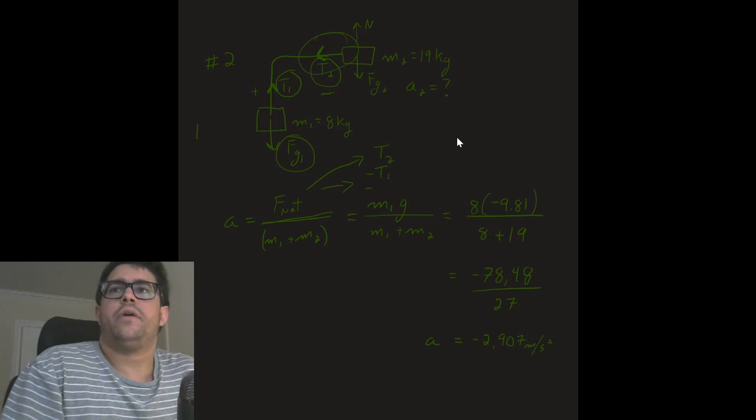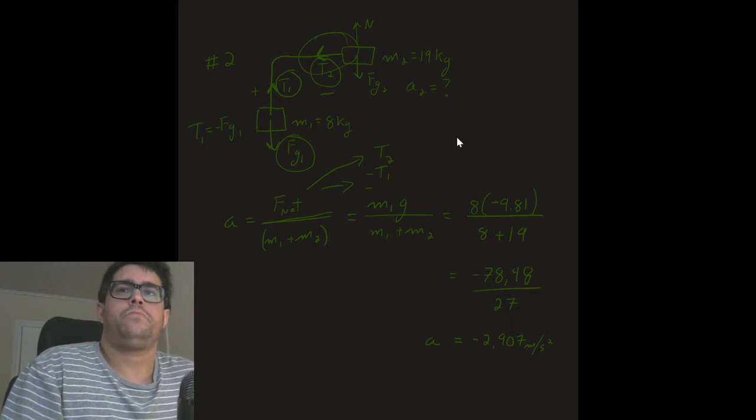And if you go back here, T1 is equal to minus Fg1 because it's, again, the same scale, opposite direction. So T1 is minus Fg1, and the two negatives cancel out. That's why this ends up being a positive M1g.